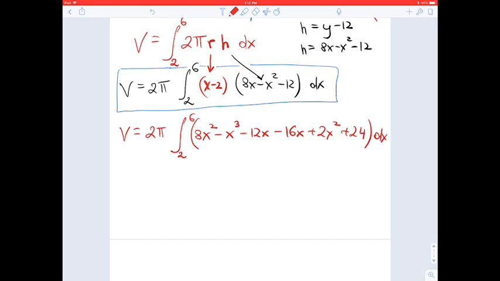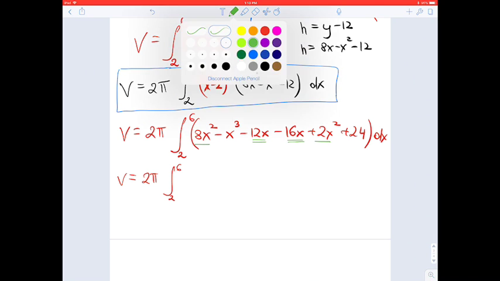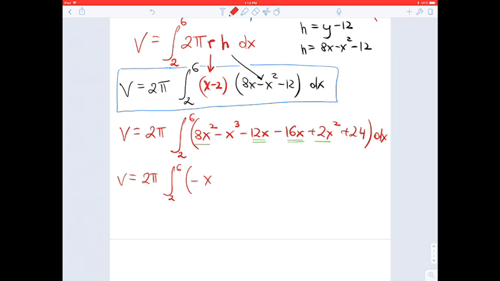Wow, a long integral, but just a polynomial, the easiest function to deal with. I see that I have x squared and x terms. Those are like terms. That means I have negative x cubed, 8 and 2, 10x squared, negative 12 and negative 16, negative 28x, and plus the constant 24.